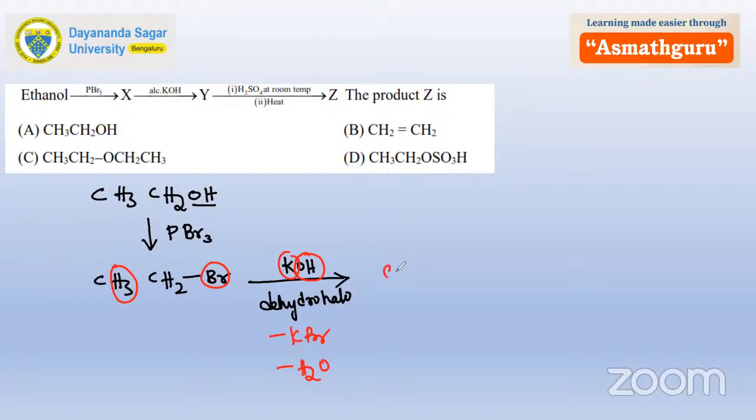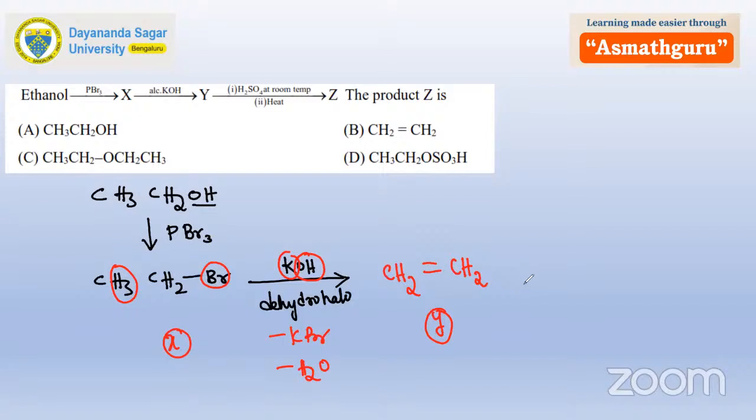So what do you get? You get CH2=CH2. What is this molecule? Sir, alkene. So this is Y, and this is X.